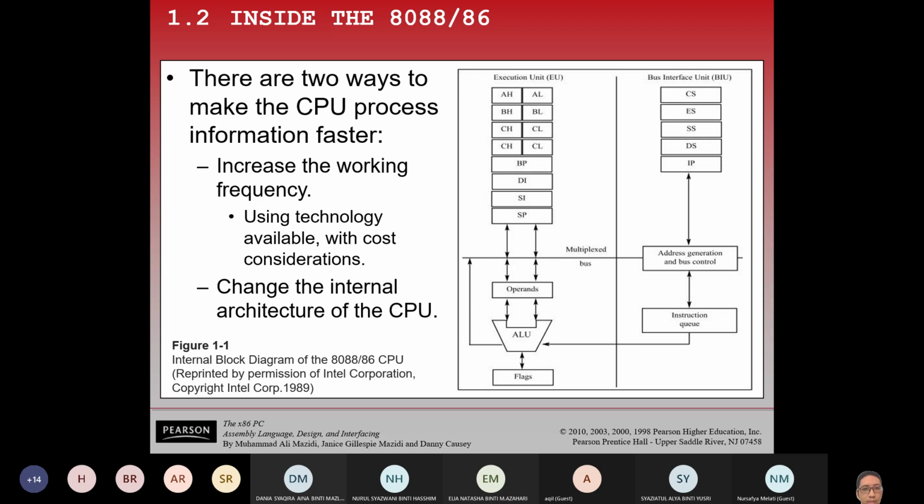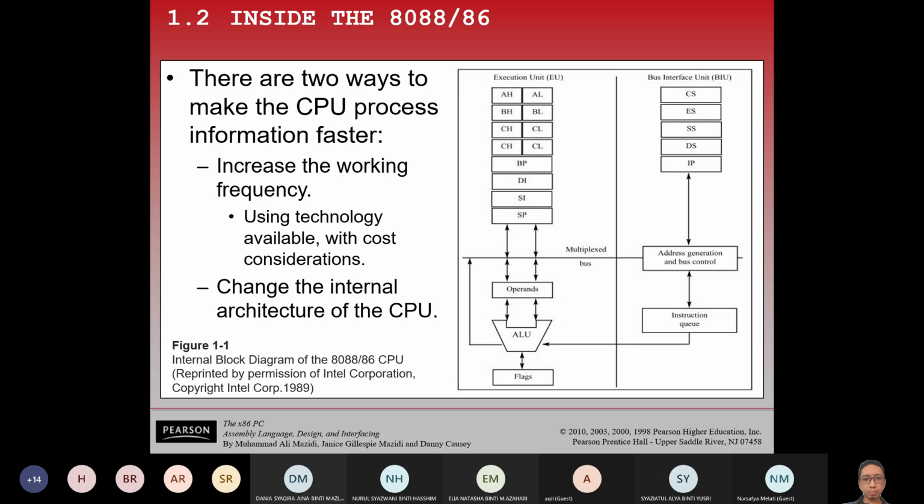From there you can see that you have the registers, and this is connected with the ALU, which is the arithmetic logic unit. You have also the bus interface unit, where your registers are also located.